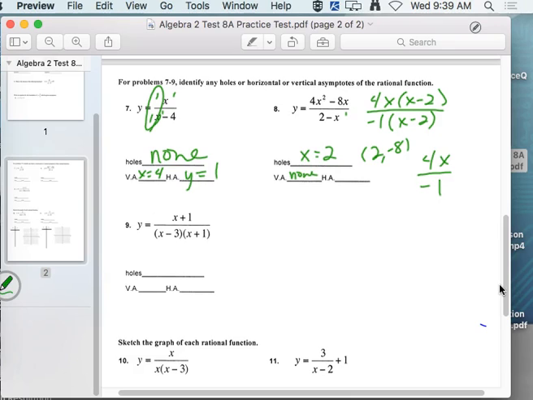Top is bigger than the bottom. We don't get any. Remember, if the top is less than the bottom, it's y equals 0. If the top and the bottom equal each other, funky fraction. Top is bigger than the bottom, don't get one.